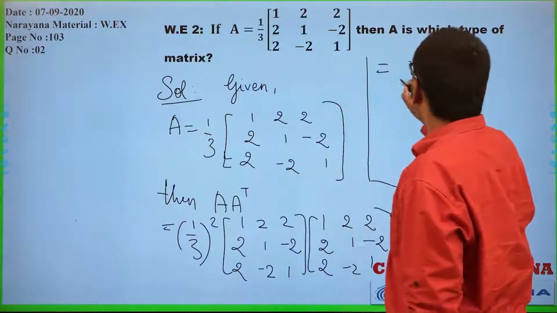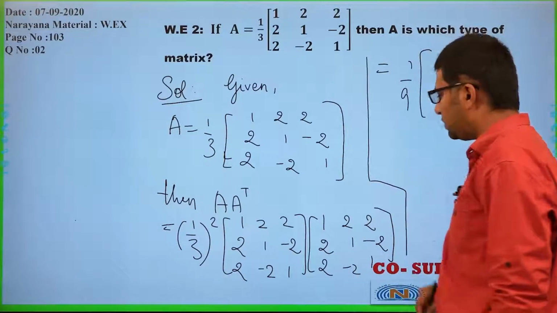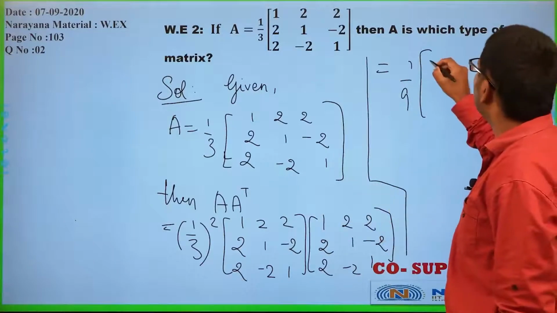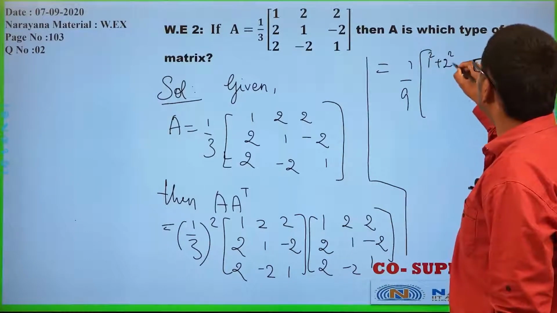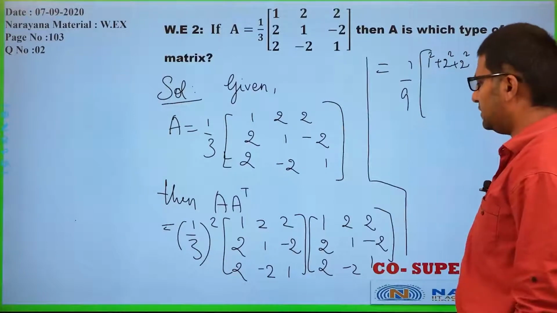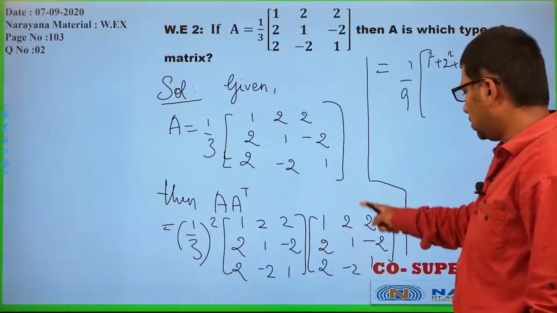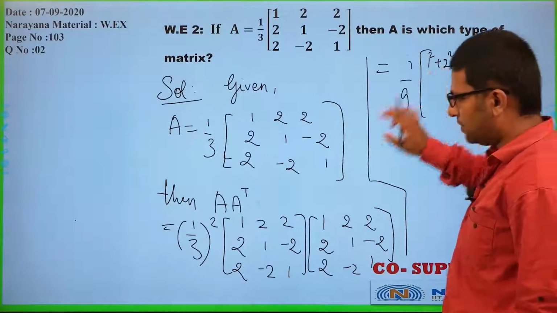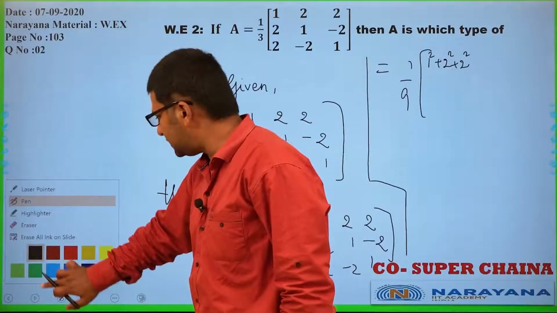1 by 3 square is 1 by 9, into first row, first column. So 1, 2, 2 into 1, 2, 2 will be 1 square plus 2 square plus 2 square. Then 1, 2, 2 with 2, 1, minus 2.